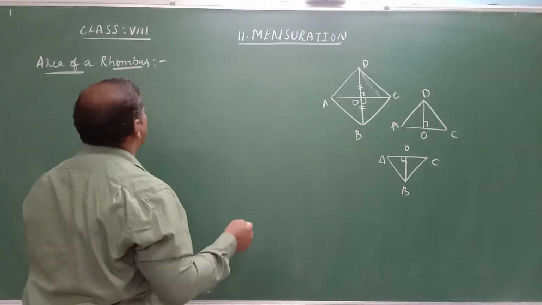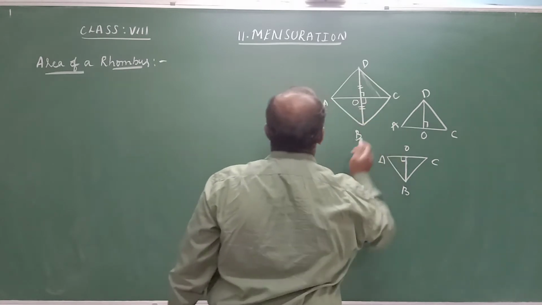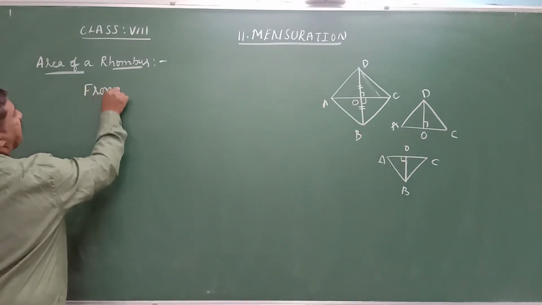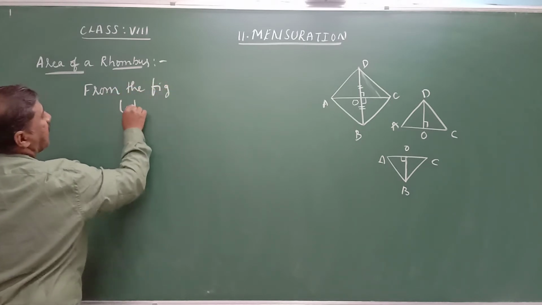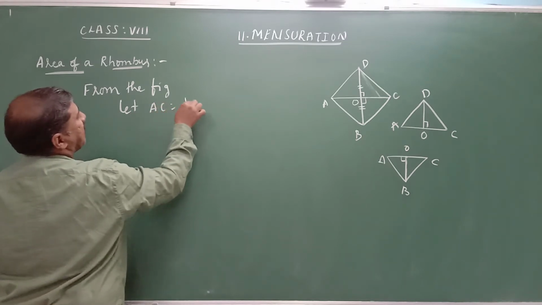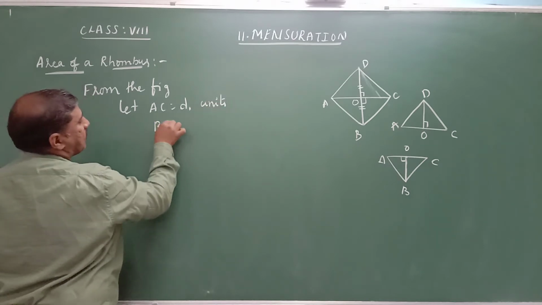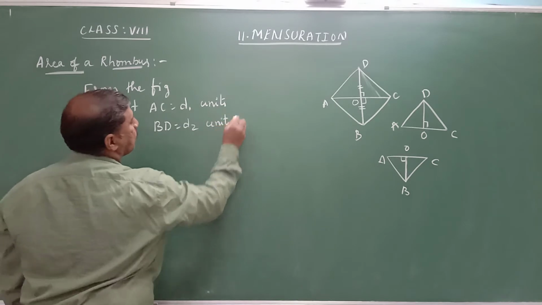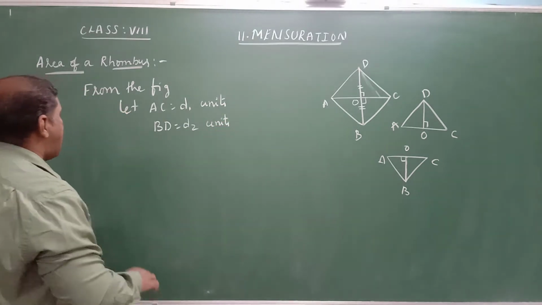So from the figure, let AC equal D1 units, that is diagonal 1, and BD equal D2 units, diagonal 2, the length of the second diagonal.